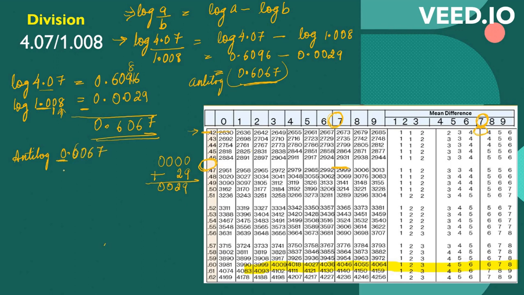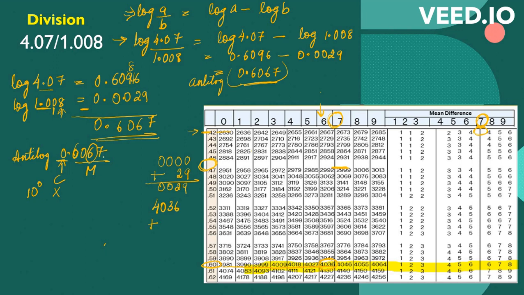So this is our characteristic, this is our mantissa. The characteristic will be 10 raised to power 0, right? Multiplied by 0.60. Here I take, what is our third digit? 6. So we will go with that. We'll just underline this. Here is our 6th column. So what's the value? The value is nothing but 4036, right?